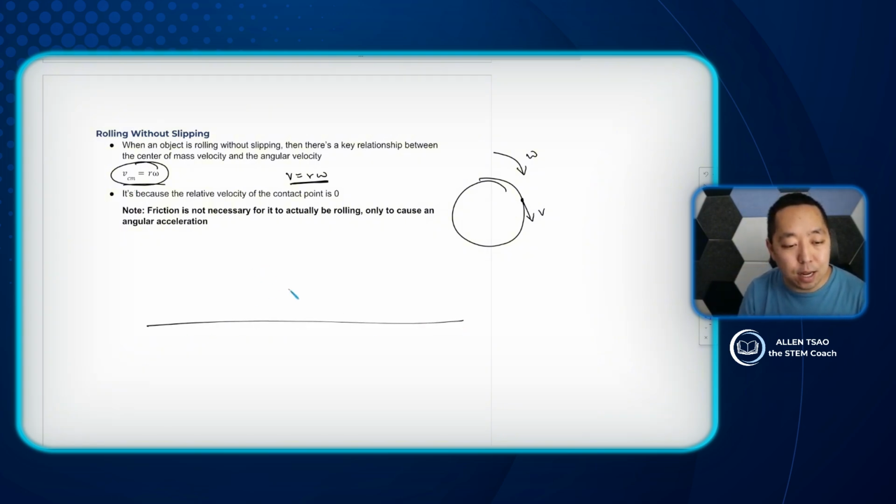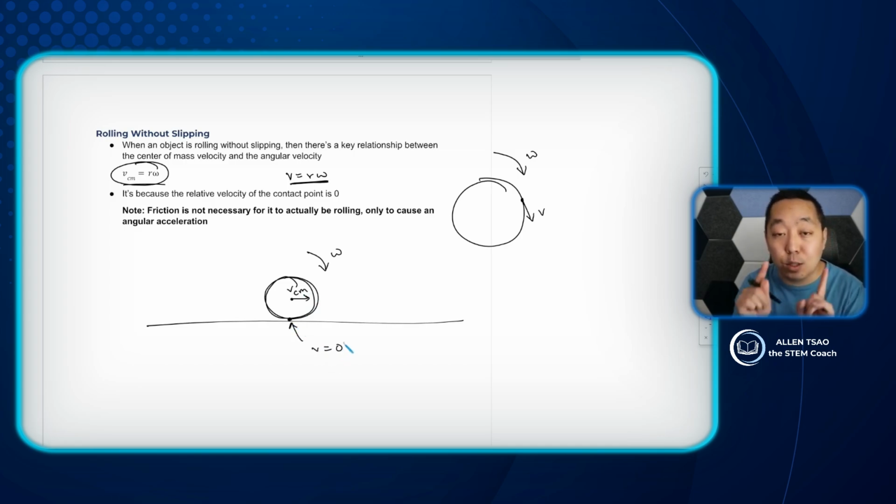Let's say I'm rolling along a surface here, rolling without slipping with an angular velocity omega. That means the center of mass is moving with a velocity of the center of mass here. Because we're not rubbing at the surface, the velocity needs to be 0 at that contact point. Why? Because it cannot rub against the surface. There are two components of the velocity.